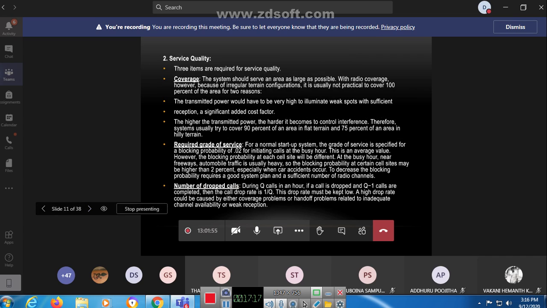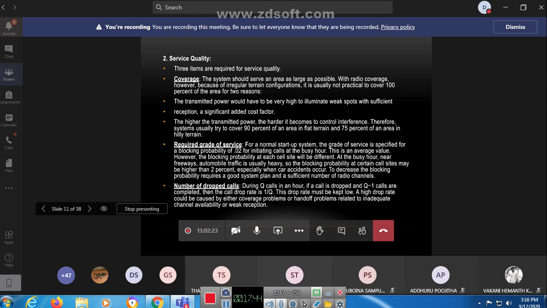Next, the second quality is the service quality. Service quality also requires some sub parameters. What are they? One is the coverage, another is the required grade of service, and another is the number of dropped calls.